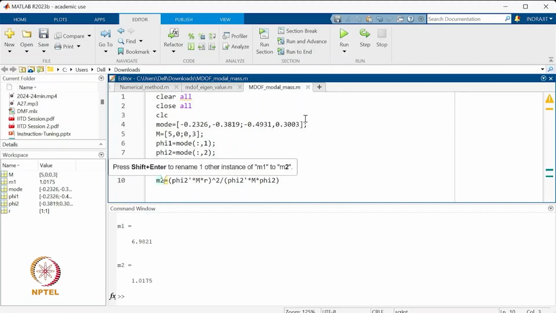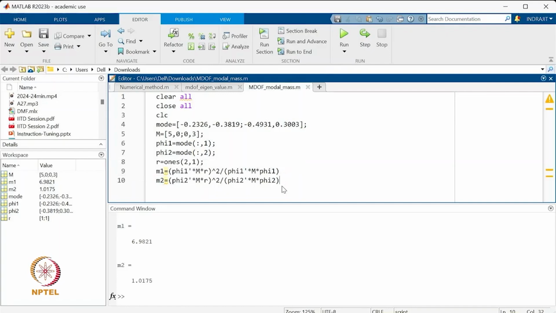So now you see that for the first mode, the mass is coming 6.98, and the second one is coming 1.01. We were expecting something like 100% or 0.95. What happened? What is the problem?